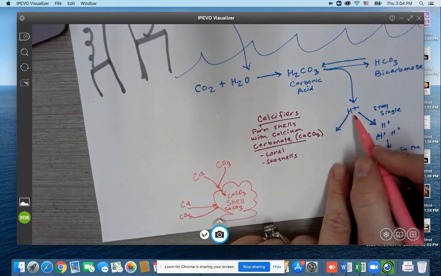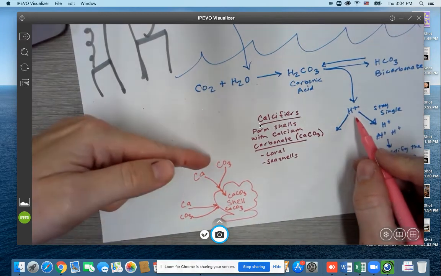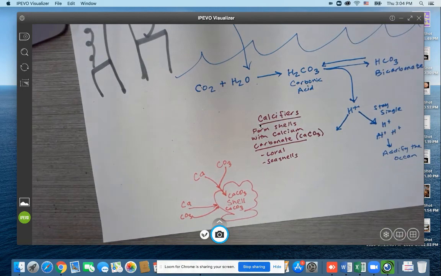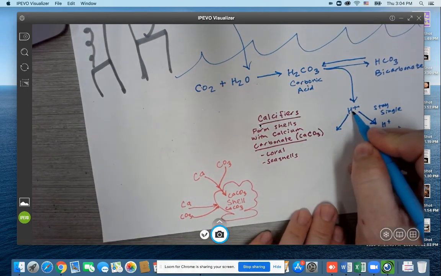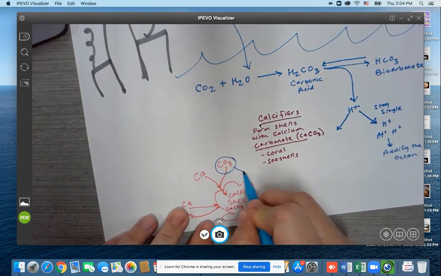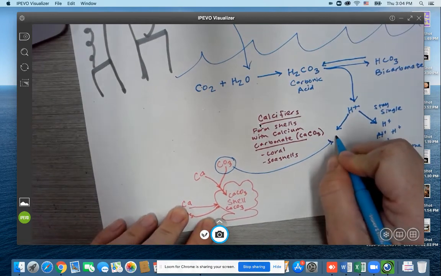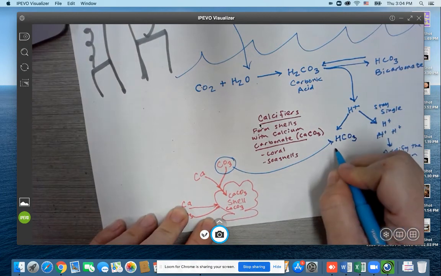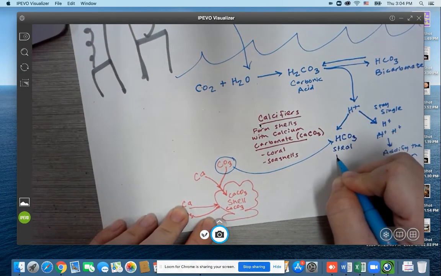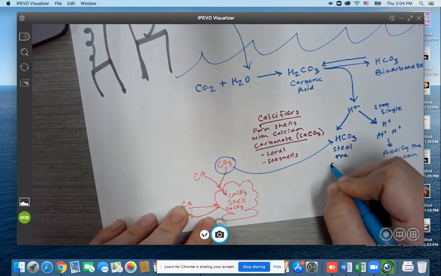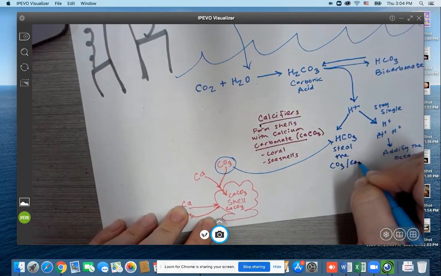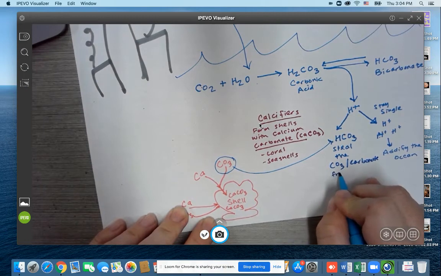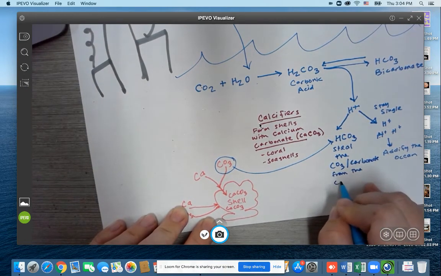All right. Well, hydrogen is going to come in and start stealing the carbonate from the shelled creatures. That's going to cause a problem. So this hydrogen right here is going to steal the carbonate, and it's going to form bicarbonate some more. So this is going to steal the carbonate from the calcifiers.